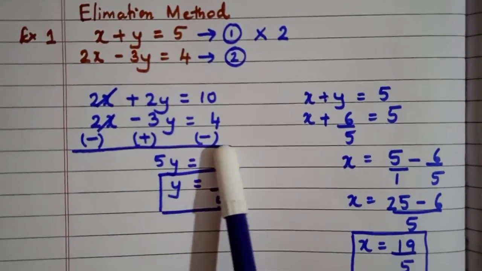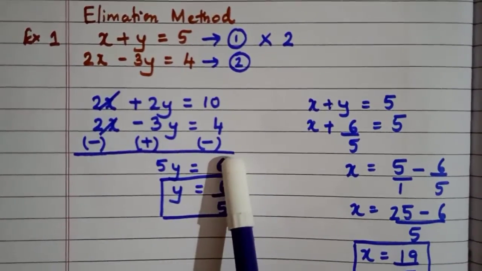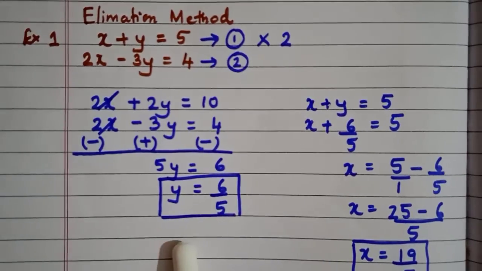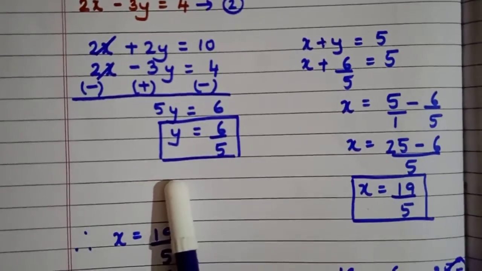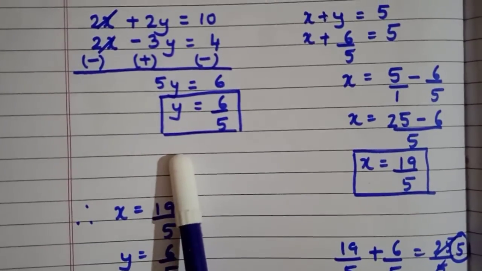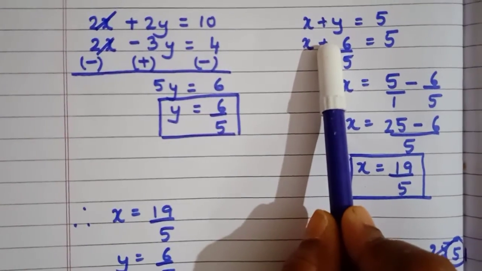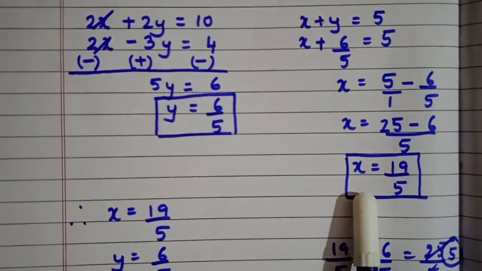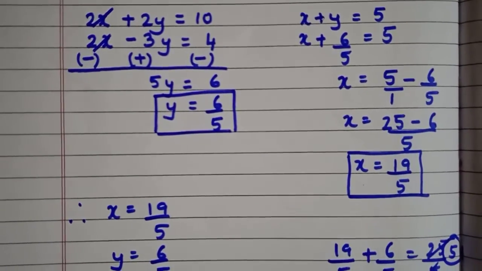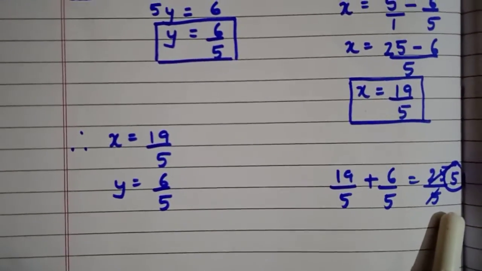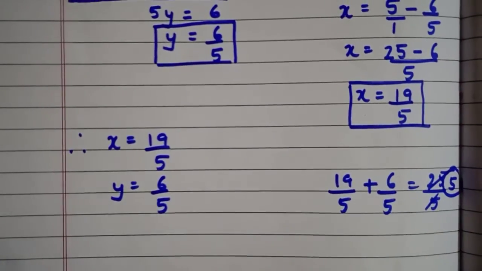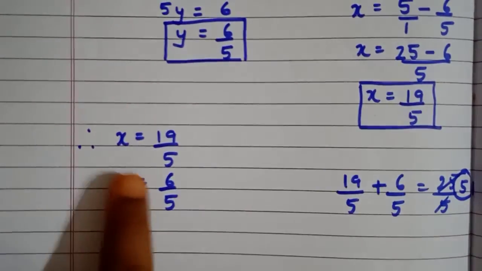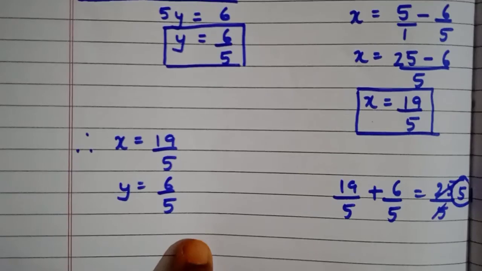Then you have to change the sign because we need to subtract. Then find any one of the variable. Then substitute the value of the variable in any one of the equation. And then you will get the other variable. Then you can verify it to check whether the given equation is formed. And finally you write down what is x value and what is y value.